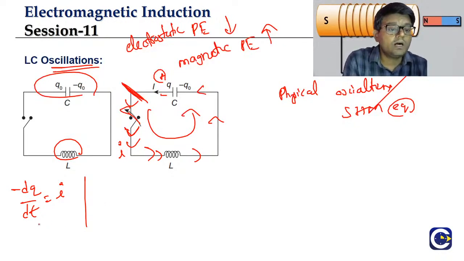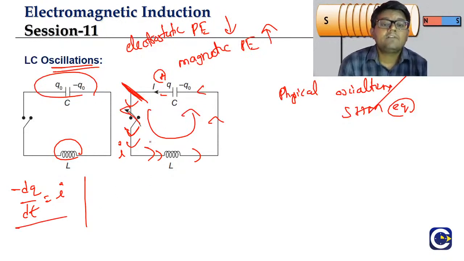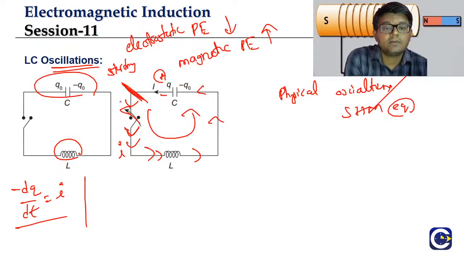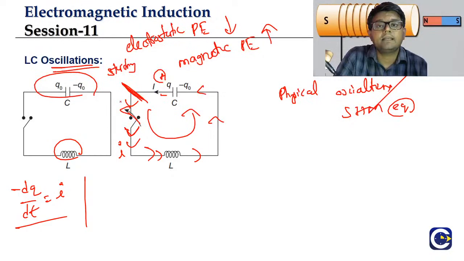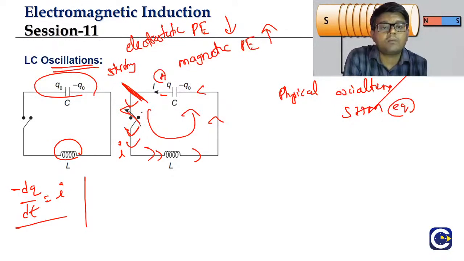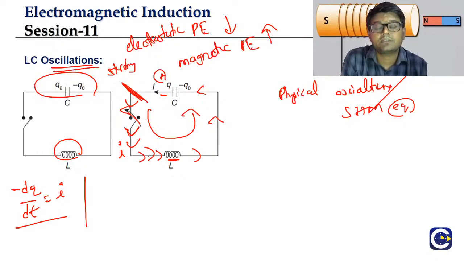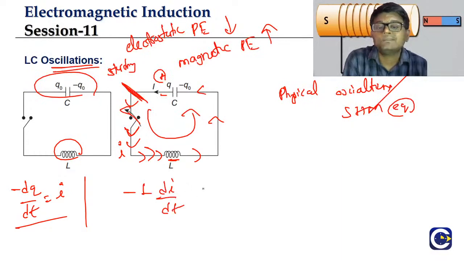Now for the Kirchhoff loop rule, this is the starting point, and we go anti-clockwise. First we cross the inductor, in the direction of current. The potential difference is minus L di by dt. Then we cross the capacitor plate, from the negative side to the positive side.